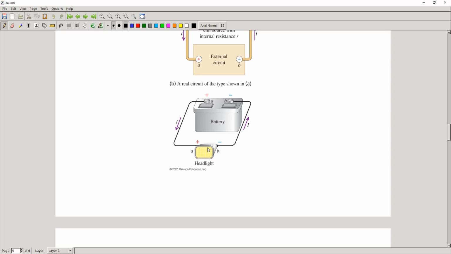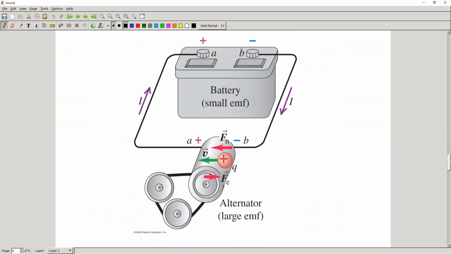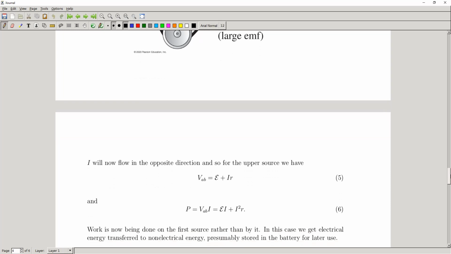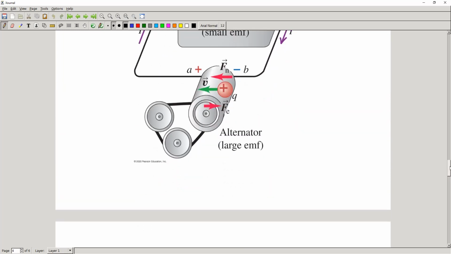But now we replace this headlight with the alternator, and we're forcing current back in this direction. It's a larger EMF, so it actually overcomes what the battery was doing and forces the current back in this direction. So that's what's happening within the battery, within our original source, when this is happening.